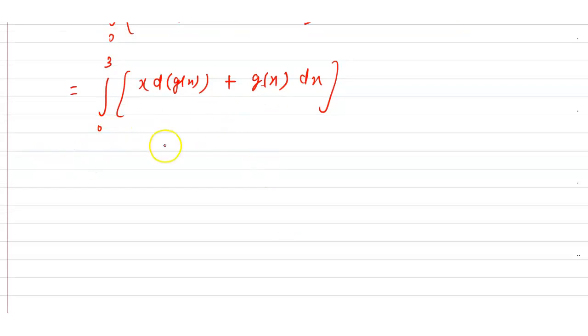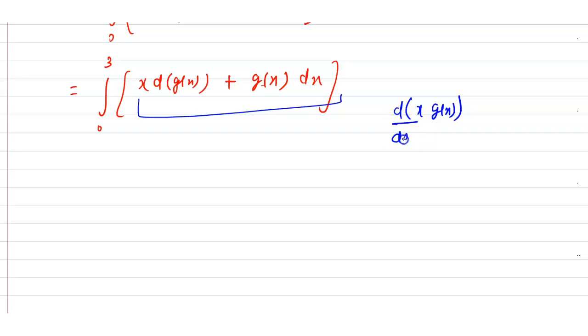Now I'm going to show you one simple thing. If you see carefully, this is nothing but the differentiation of x g(x). Because by the product rule we already know that if we have the differentiation of u and v, two functions in a product, then it is solved by the product rule.